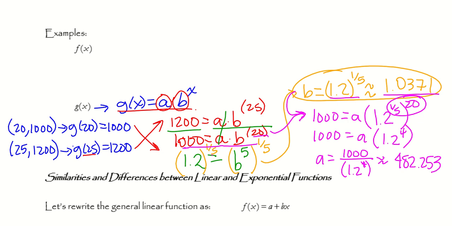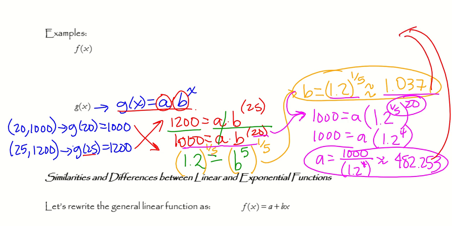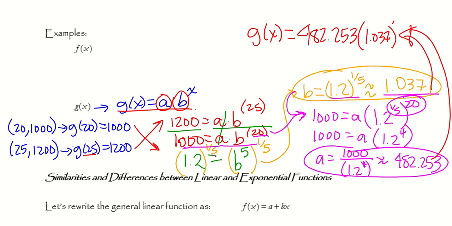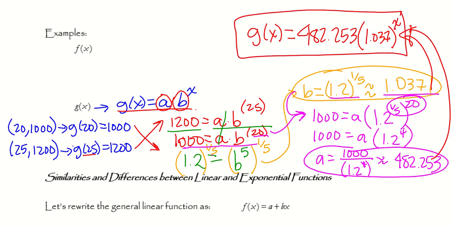So if I put those two together, there's my a, I get that my equation for g of x is my value of a, which is about 482.253, times my b, which is about 1.037 raised to the x. And that's my exponential function.